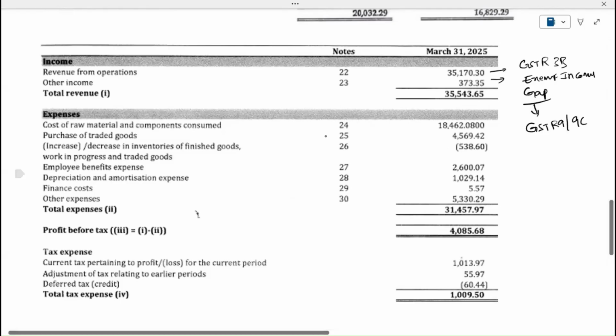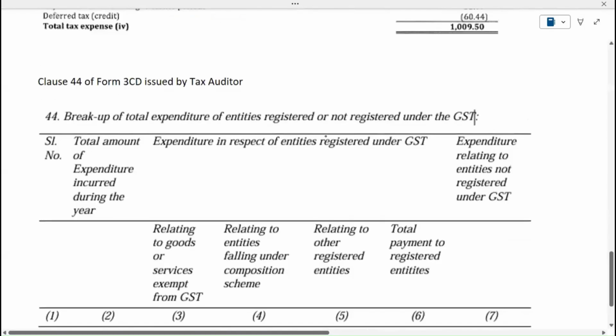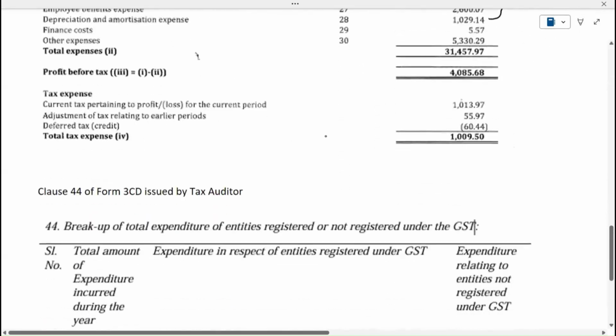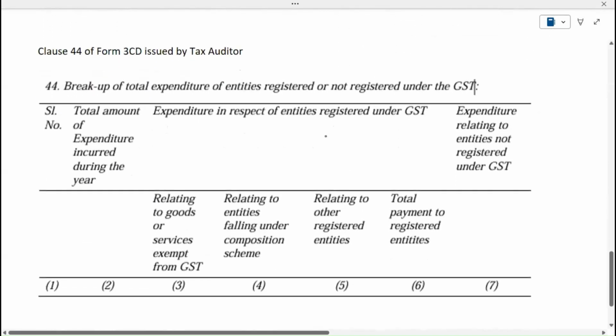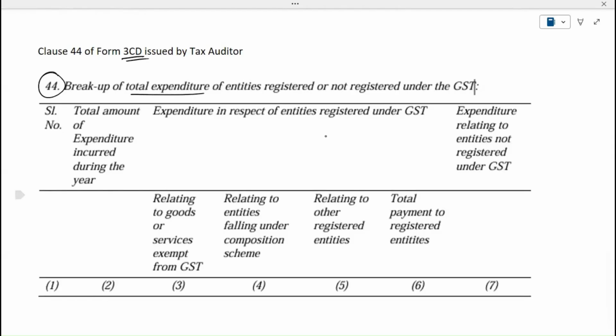With respect to purchases, a little more from your tax audit point of view. I'll come to tax audit. In tax audit, when we file our income tax return under Form 3CD, which is certified by a chartered accountant, there's a clause called clause number 44, where the income tax authority is asking us to furnish the breakup of total expenditure.